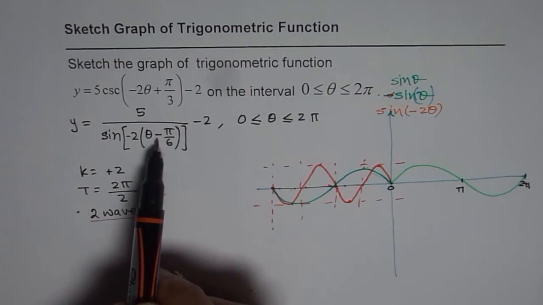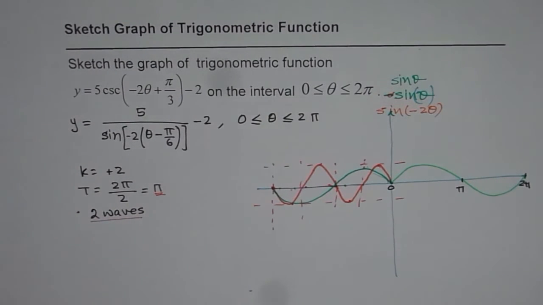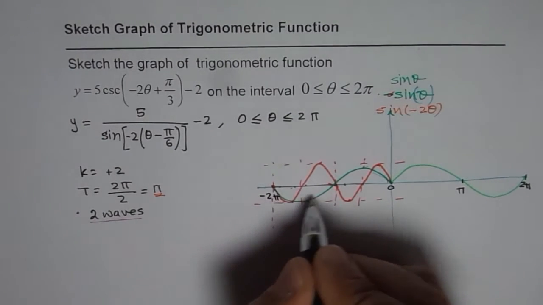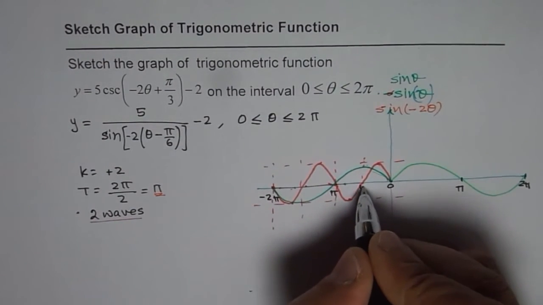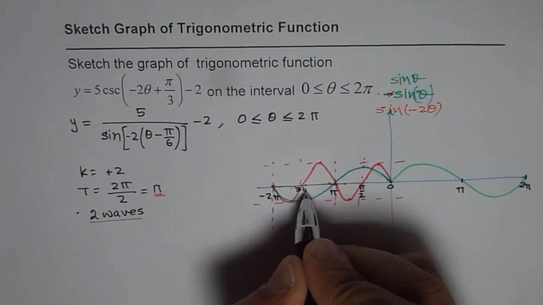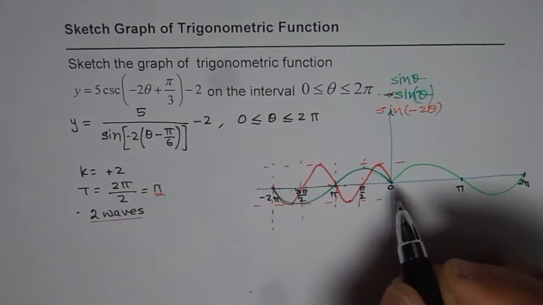Next step is to move this wave pi by 6 to the right. Let me write down the scale here now. So we have minus 2 pi here, and this is pi by 2. So we have zeros at pi by 2, 3 pi by 2, pi and minus 2 pi.